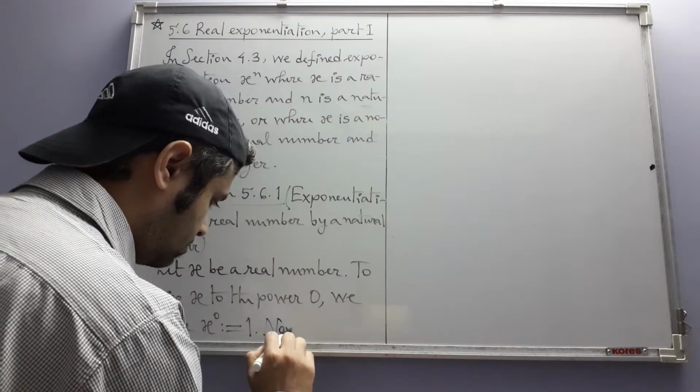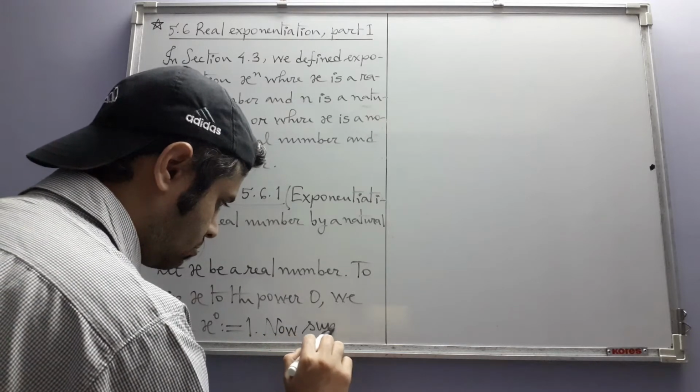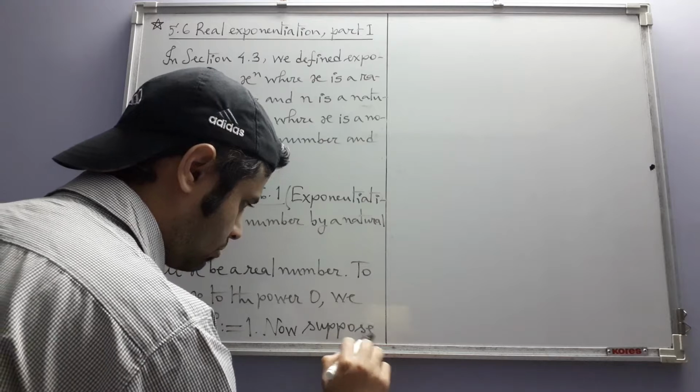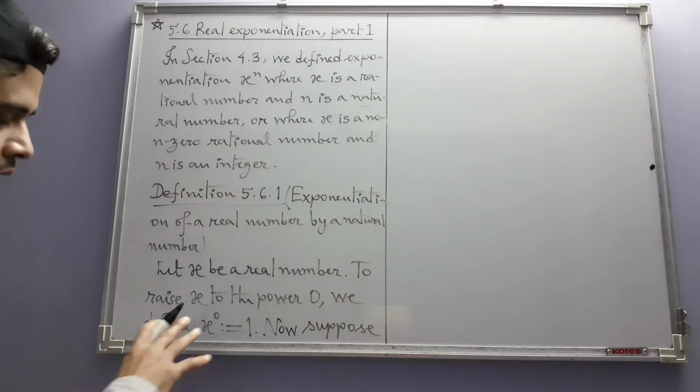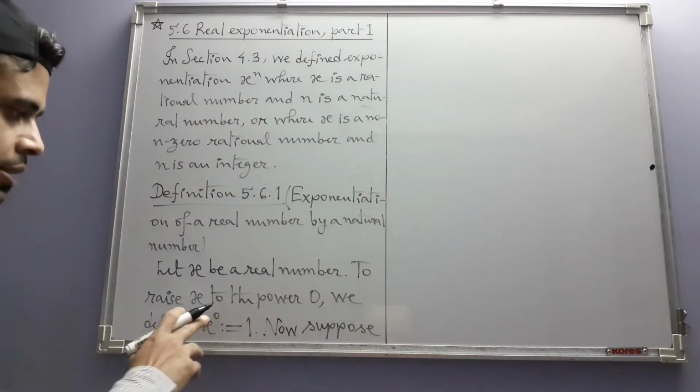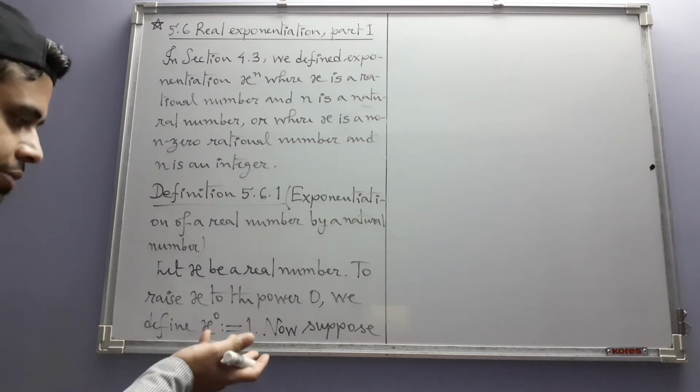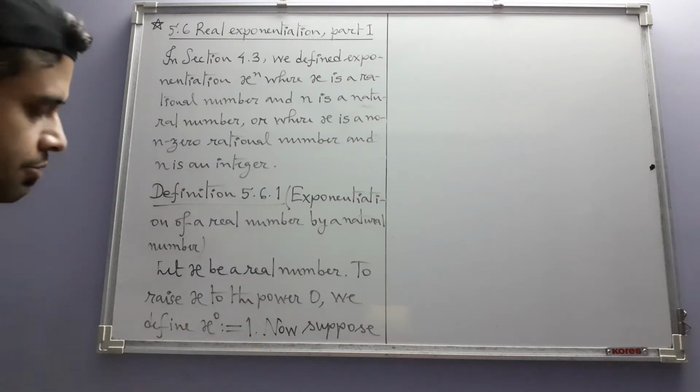Now, suppose this is in the beginning when our exponent is a natural number, then the definition naturally is recursive.